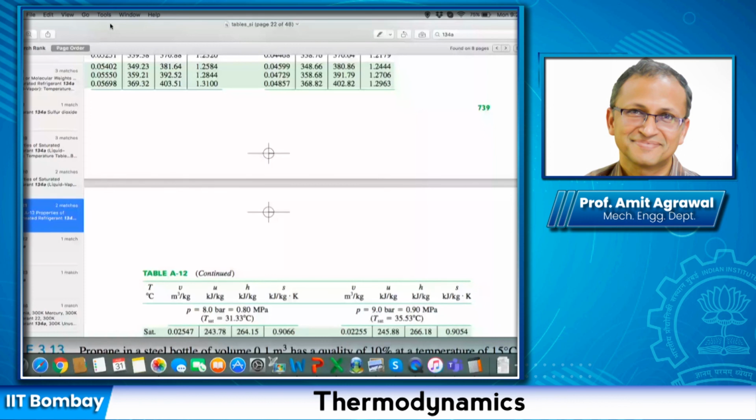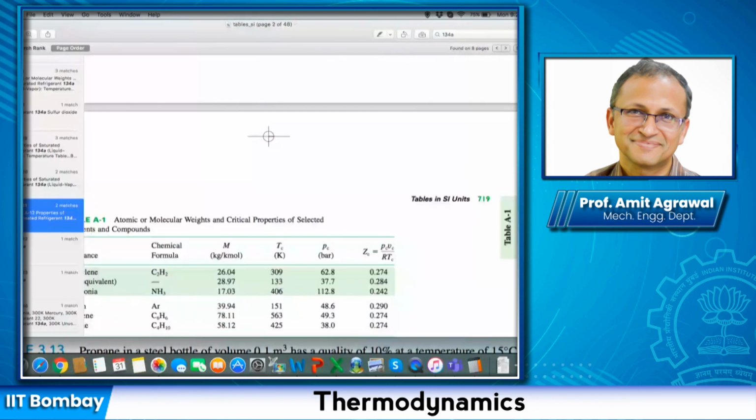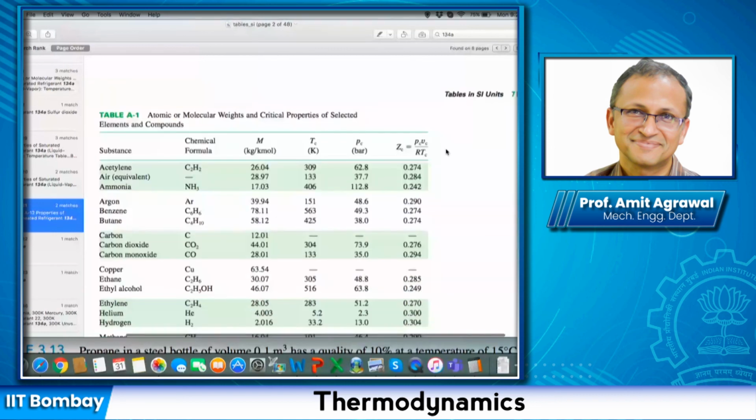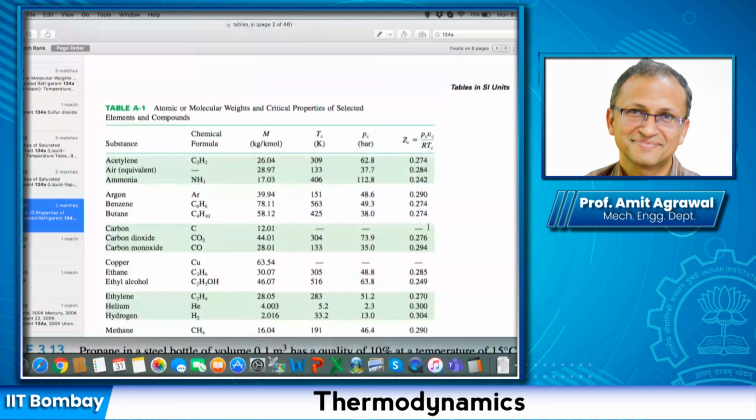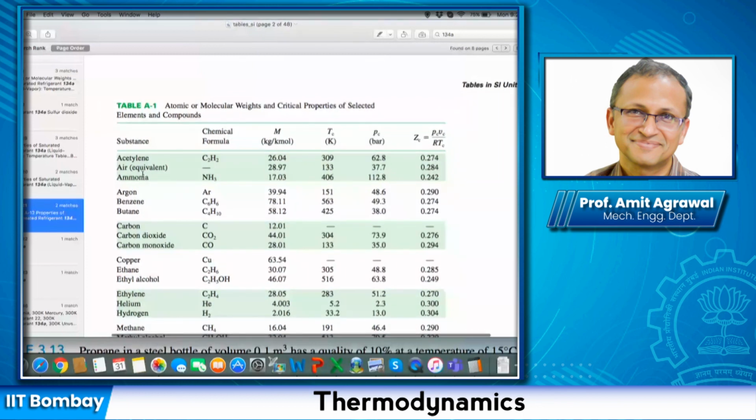You can go to the first table here, where the compressibility factor for various substances is listed. So you can read numbers. The last column is what I'm reading. These are acetylene, air, ammonia, argon, etc. These are the substances that we are looking at.